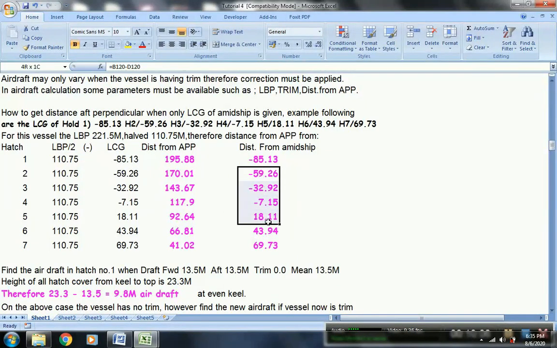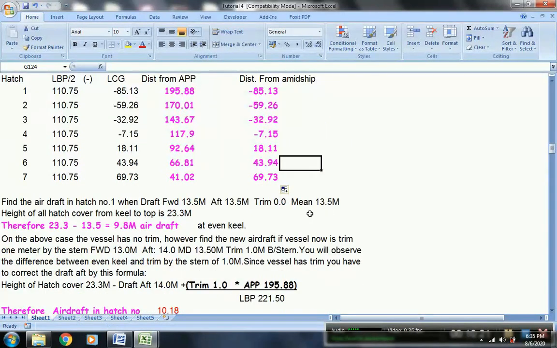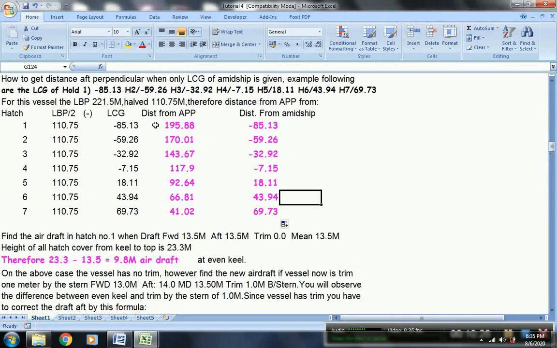Just drag it down so that it will be copied. Gentlemen, you now have the distance from amidship and the distance from the perpendicular. So if you cannot measure it by the ship's plan, and the LCG is given from amidship, you can just calculate it using this method.